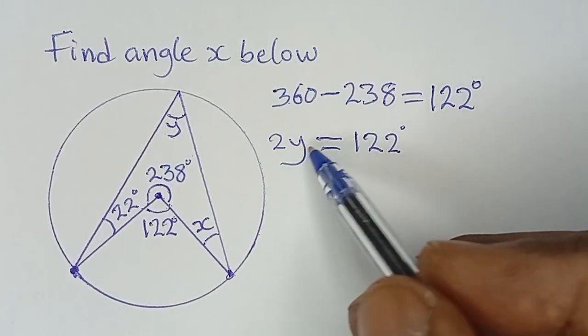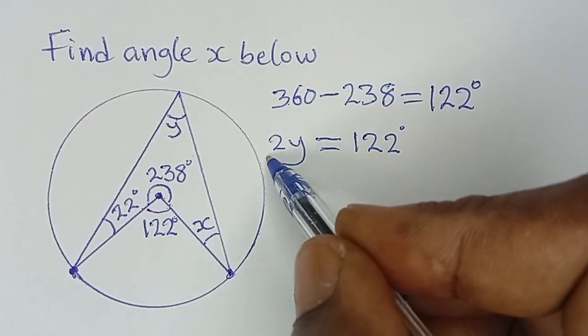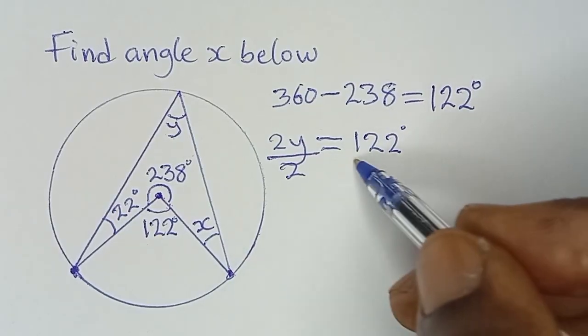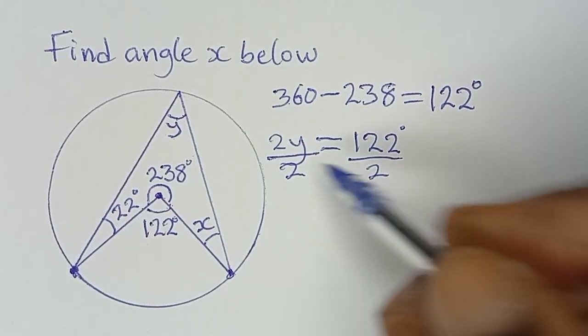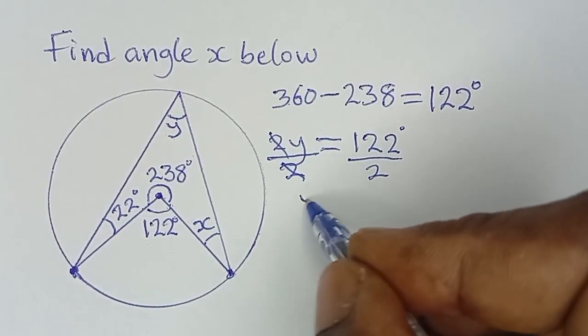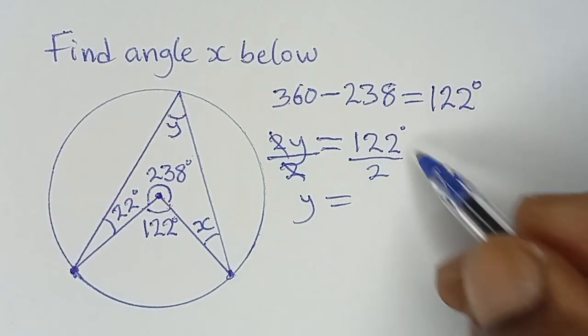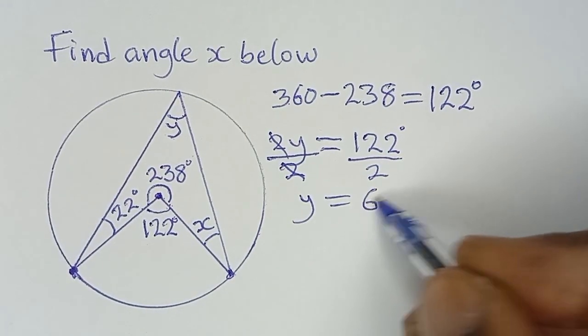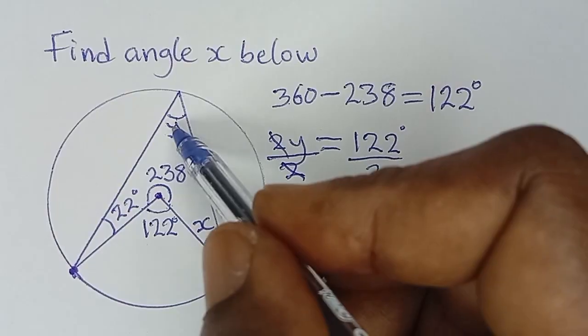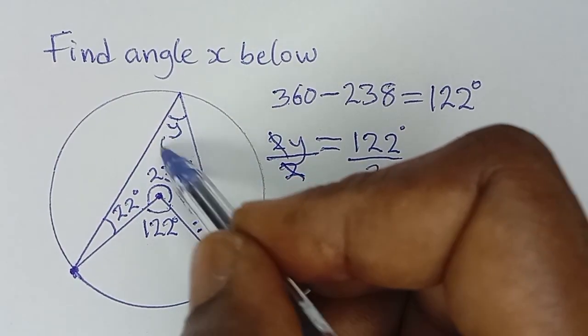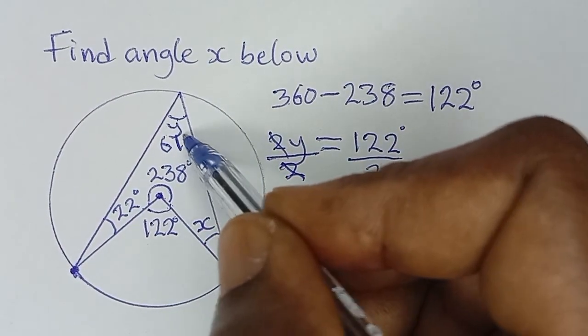So for me to get the value of y, which is angle at the circumference, I simply divide angle at center by 2. So y is equal to 122 divided by 2, which gives us 61. So that means this angle at this circumference here is 61 degrees.